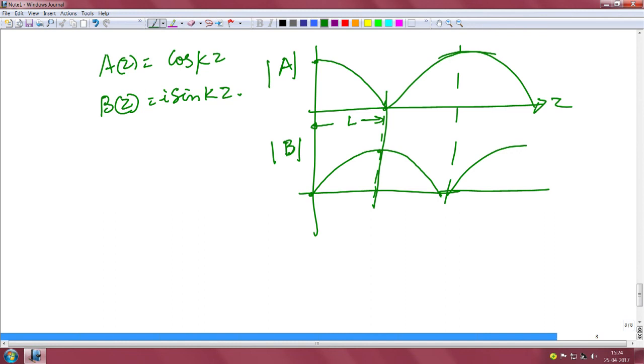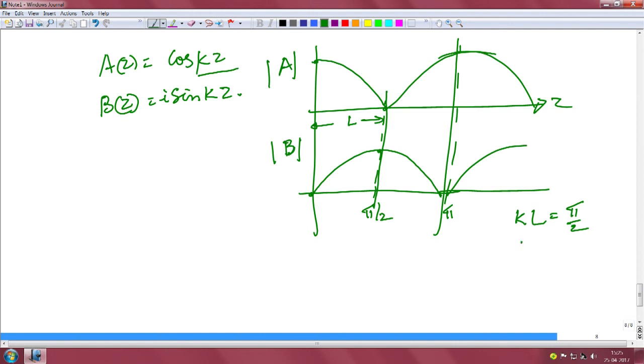By the use of this analysis and the coupled mode theory, we can say that there is a periodic exchange of power between waveguides with a periodicity of pi. If you choose the directional coupler length L such that kL equals pi by 2, this is a pi by 2 point, and we can say that all the power is exchanged to this.